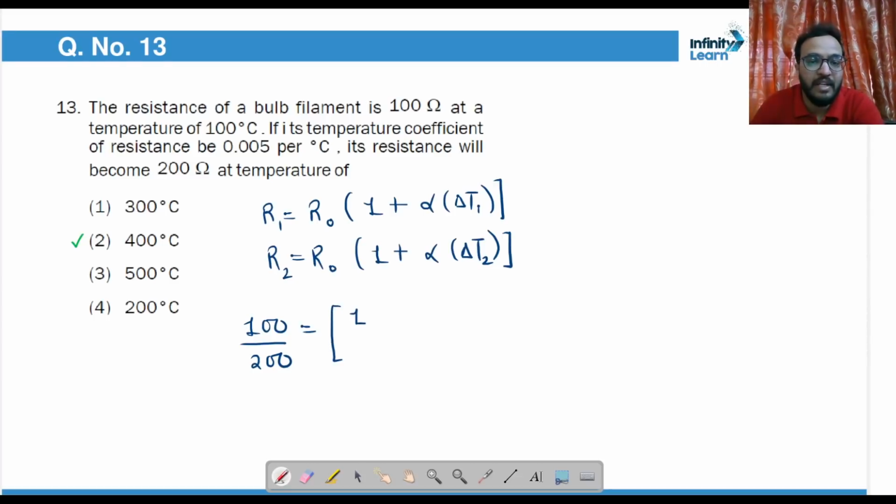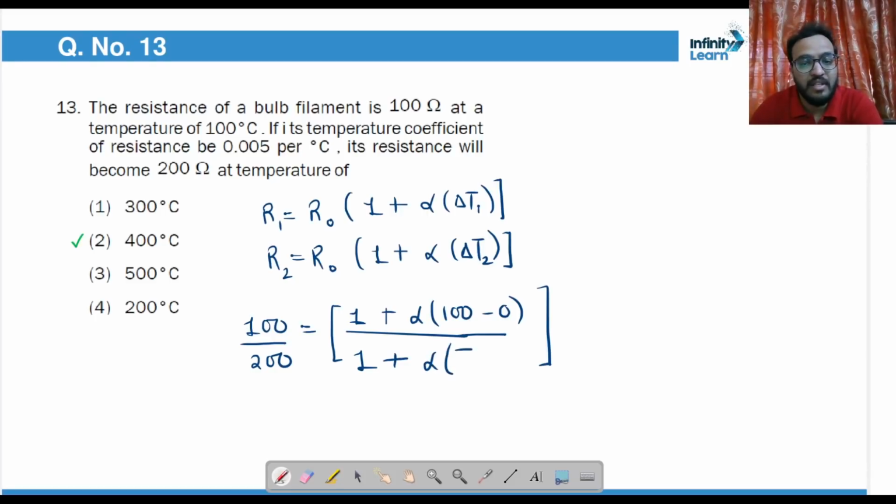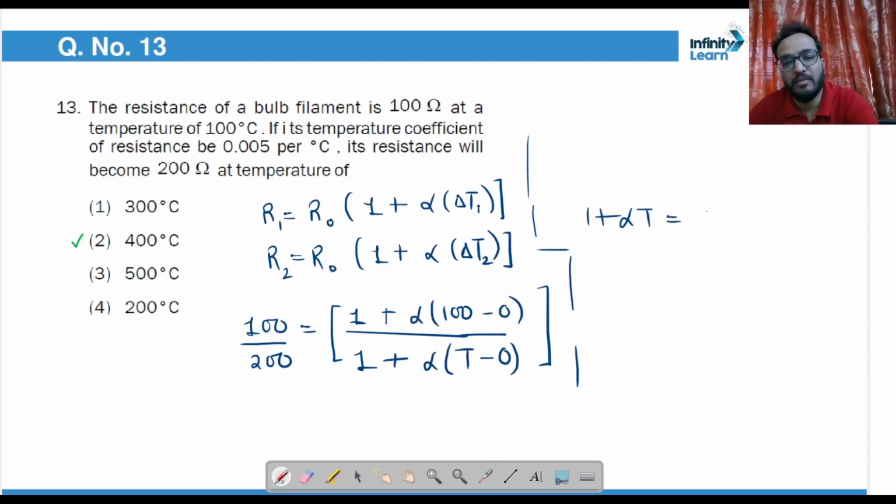It will become 1 plus alpha times delta T1, which is 100 minus 0, because the reference temperature is 0 degree centigrade, plus next is the temperature we don't know, right? That we need to figure out. So if you take this formula and solve it, it will become 1 plus alpha T is equal to 2 plus 2 alpha into 100.